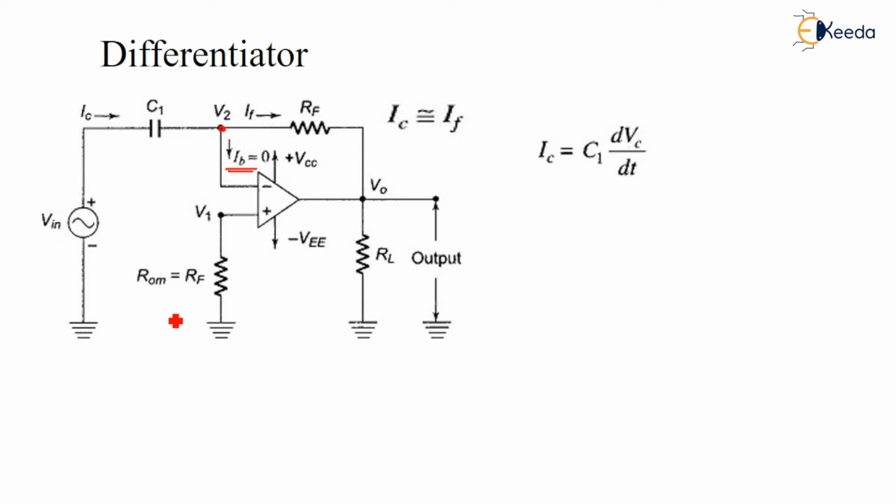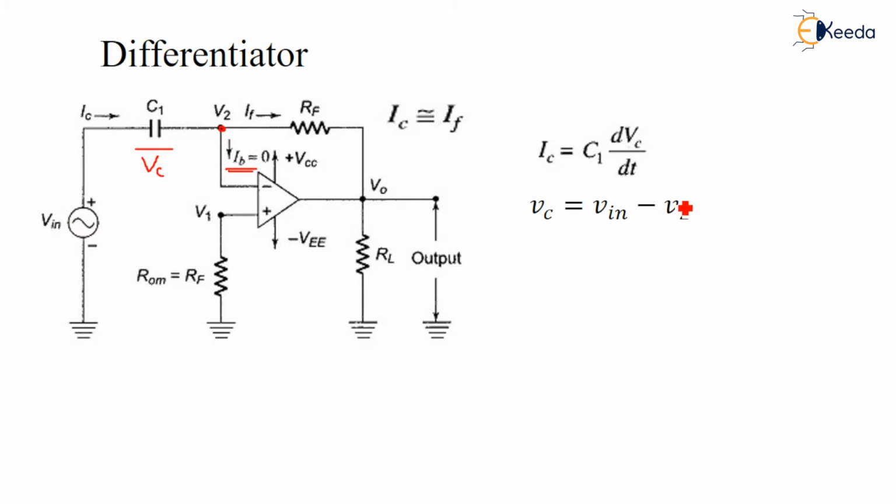We know the current across this capacitor is equal to C into dVc by dt. But the voltage drop across this capacitor is equal to V in minus V2.